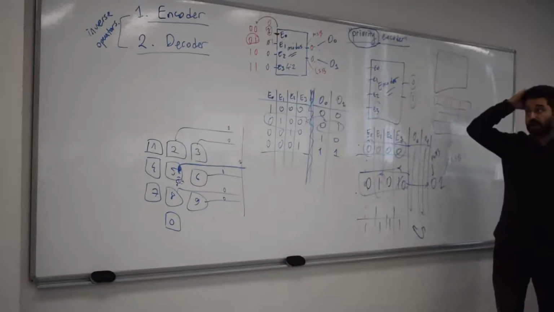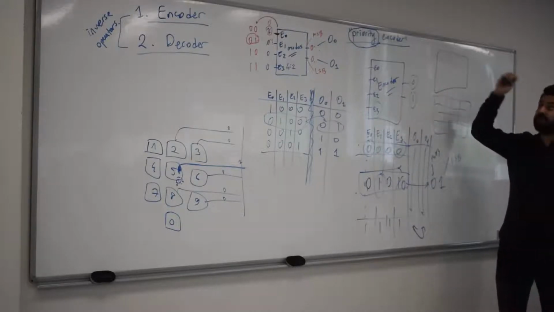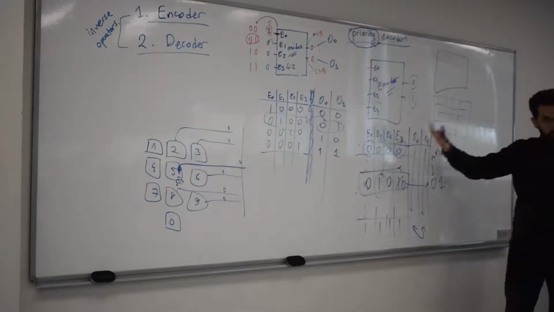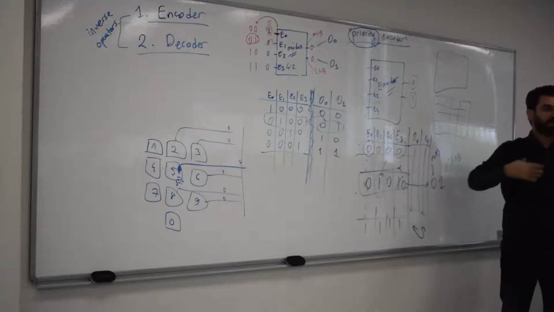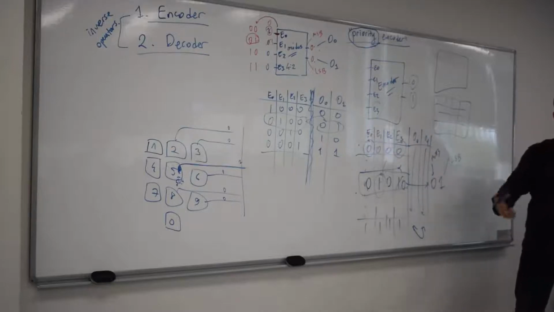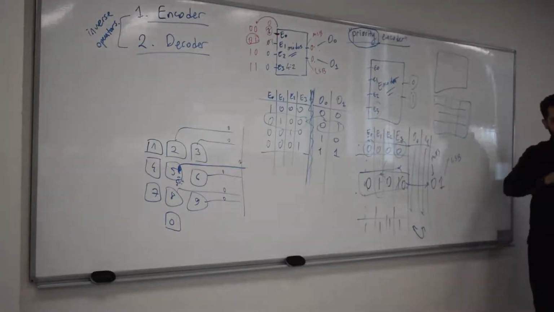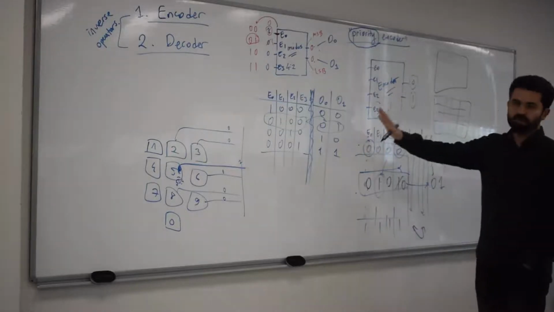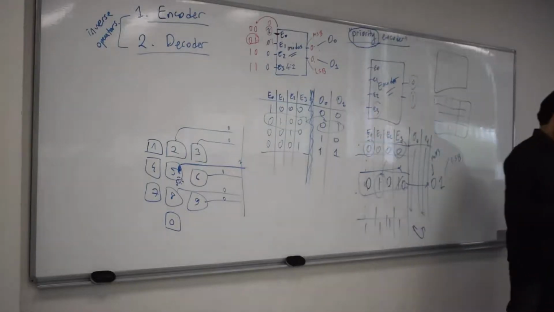Even if you didn't know the priority encoder, somebody could give you the description of that encoder and expect you to design it. But the design part is just standard. As long as you understand the description, the design part is simple.